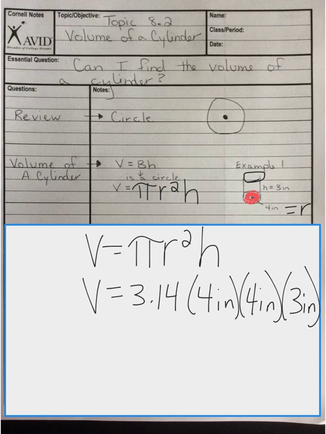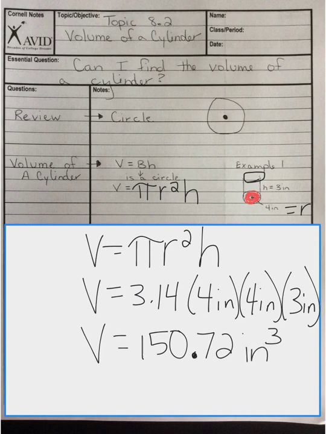So pi times r r h. Type that into our calculator, and we can see if we type 3.14 times 4 times 4 times 3, I'm getting 150.72. Our label is inches and volume is always cubed. So that would be the volume of this can.